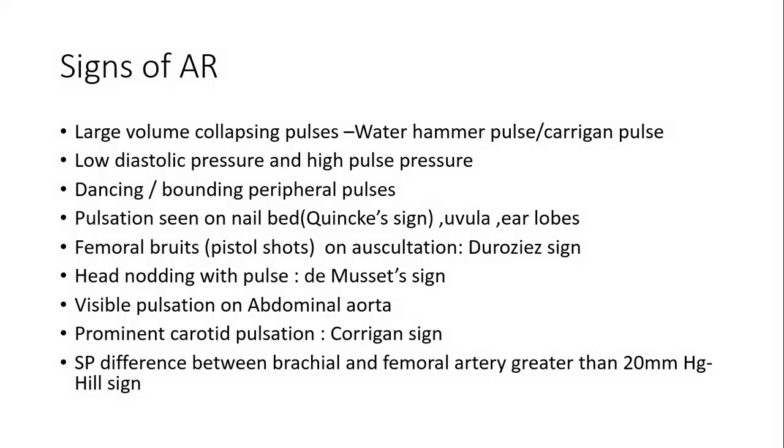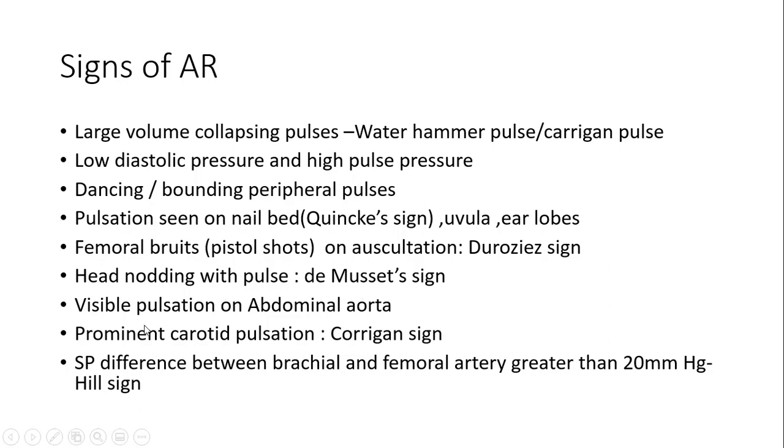Due to the large stroke volume, the patient may have dancing or bounding peripheral pulses. We can see the pulsation on the nail bed, that is called Quincke sign. We can see pulsation on the uvula and earlobes, and we can hear femoral bruits on auscultation of the femoral artery, which can be heard as a pistol shot sound, and this is called Traube's sign. The patient with severe aortic regurgitation may nod their head with each pulse, that's called de Musset sign.